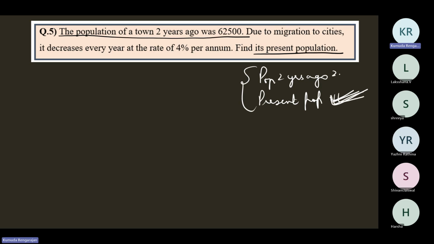Like if this was 2003, then this is 2005. So the latest one is taken as the amount. The other one is taken as the principal.